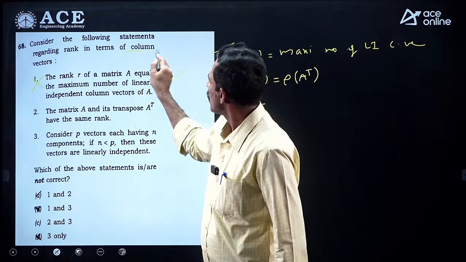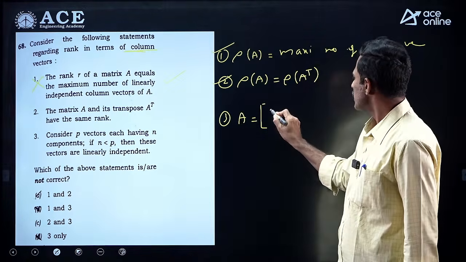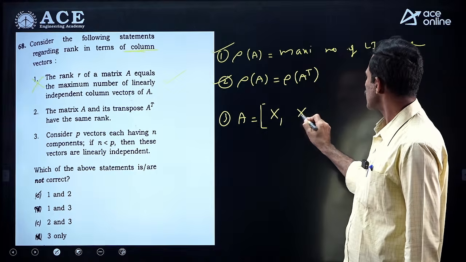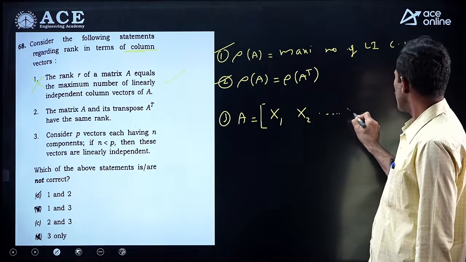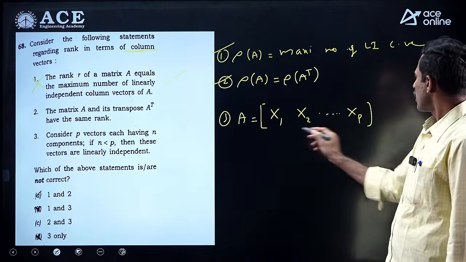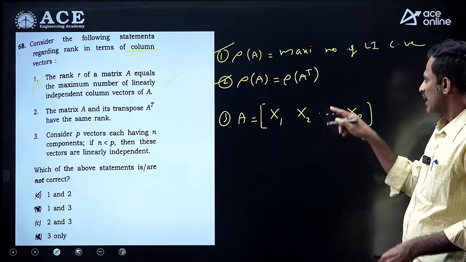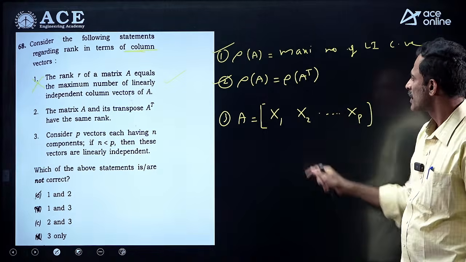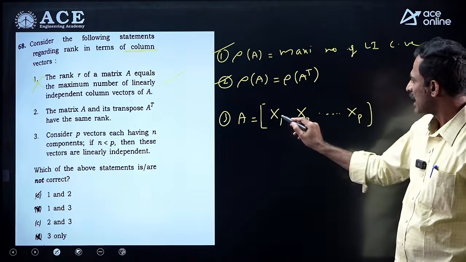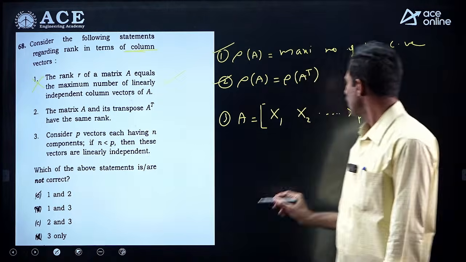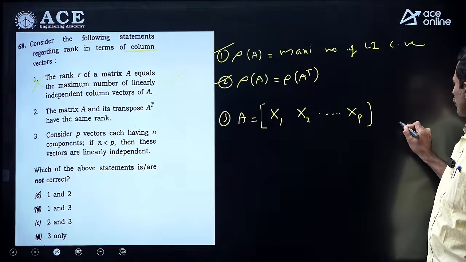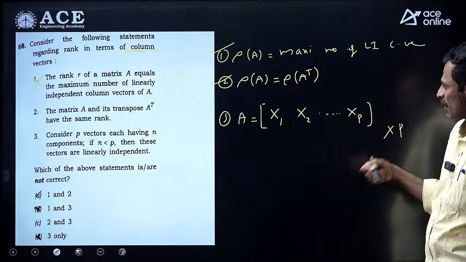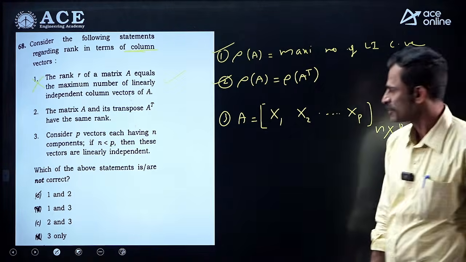Let x1 be the first vector, x2 the second vector, and so on up to xp. The matrix is formed with p column vectors and each vector is of order n. So how many columns are there? p columns. Each vector is of order n, so it is an n cross p matrix.